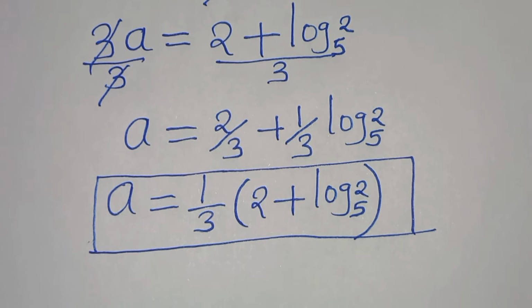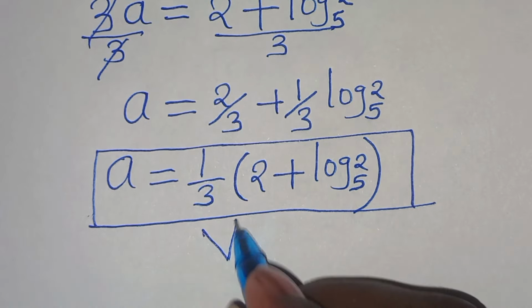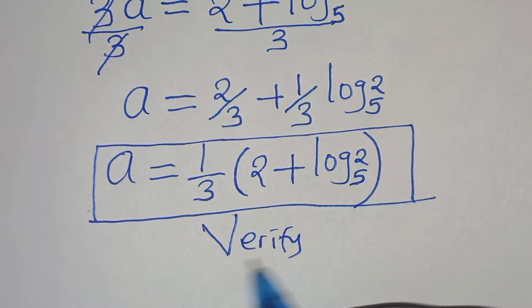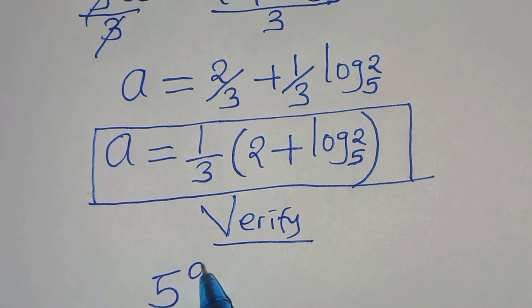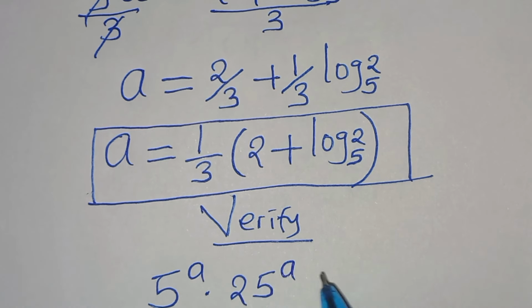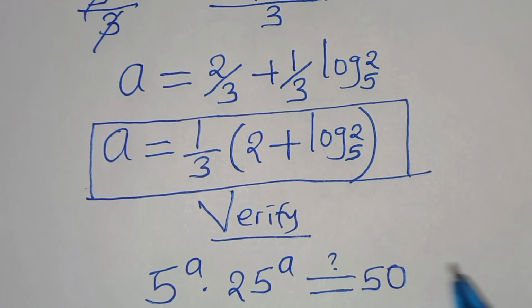Now, the next step is to verify that this value of a satisfies the equation. If you recall, we have 5 to the power of a times 25 to the power of a, which is supposed to give us a value of 50.